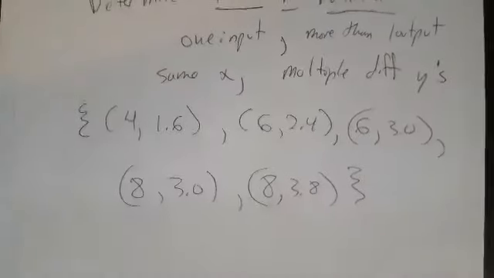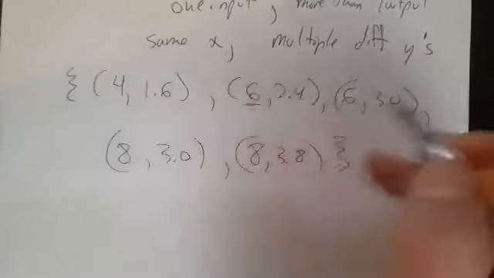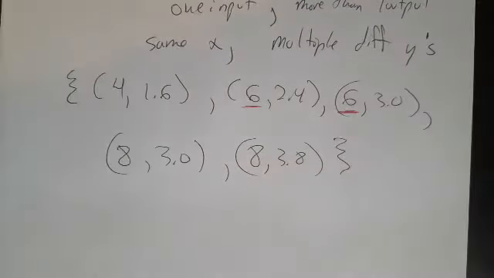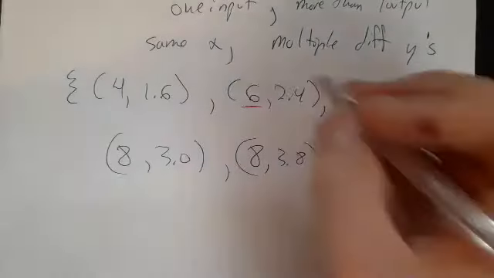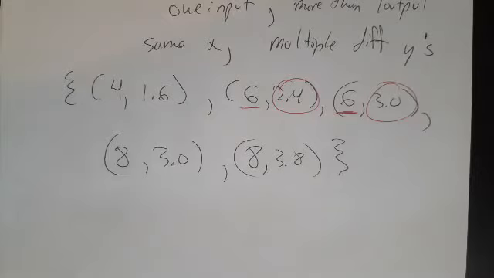If we look at it as a set of ordered pairs, we're going to notice that we have the same x, but the y quantities are different. And so this is telling me right here, it is breaking the definition of a function.